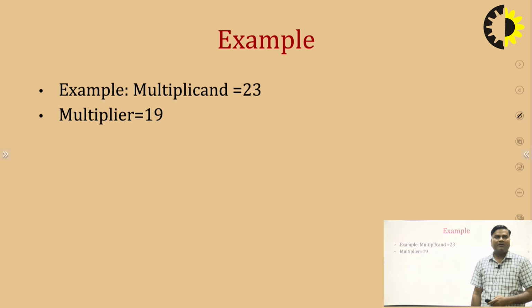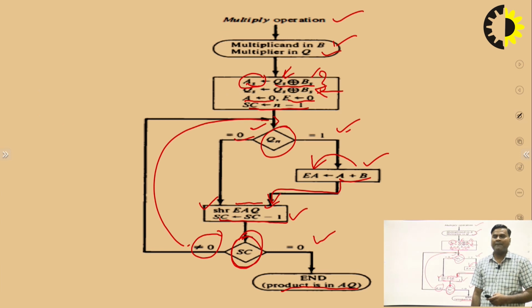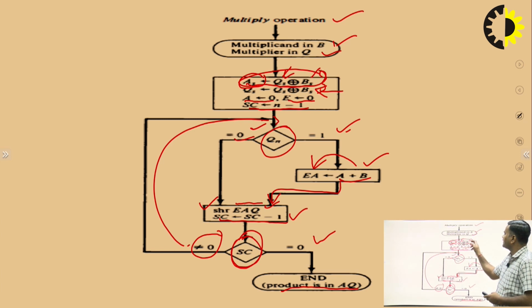This is the example that we can take for sign magnitude data. The multiplicand value is 23 and the multiplier value is 19. Here we don't consider the sign, because in sign magnitude data, as we can see in the flow chart, the sign calculation is already done in this form: QS XOR BS tends to go into the AS flip flop.